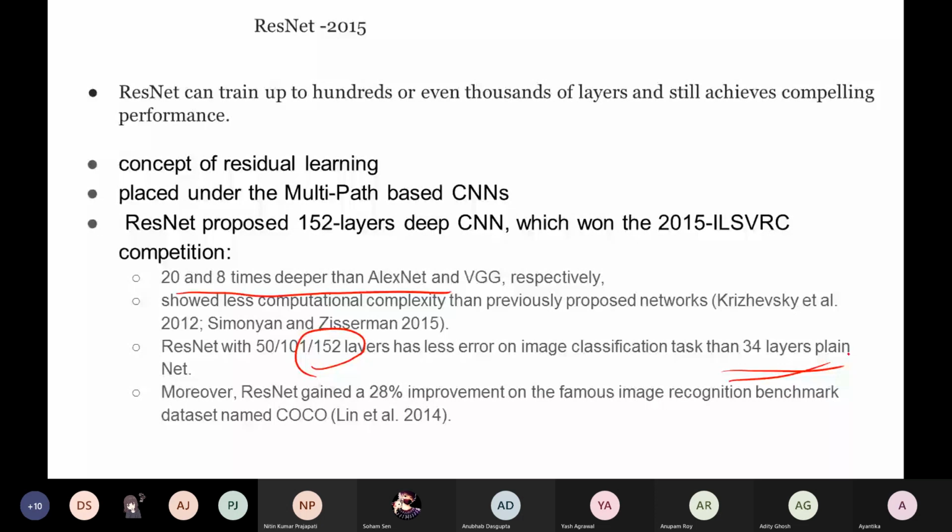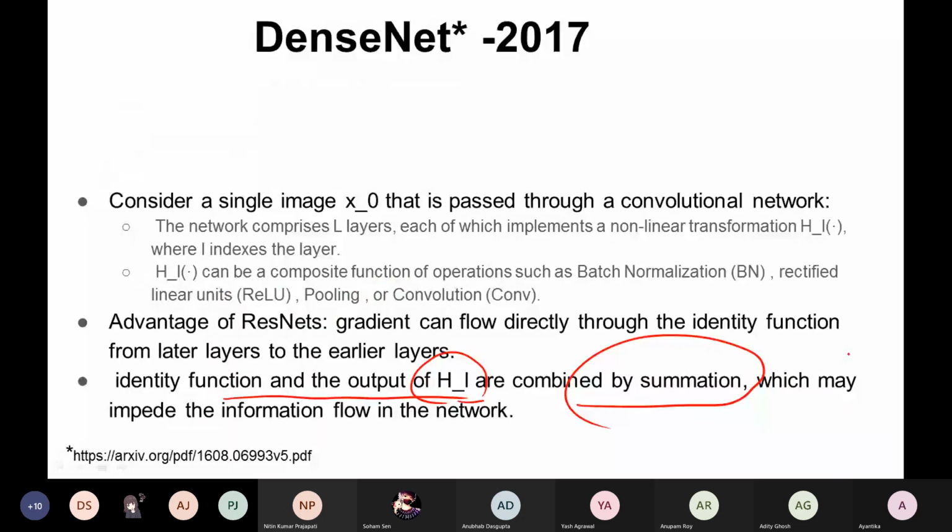So we can handle this huge number of layers, and the more we increase the layers, the more complex scenarios, complex images, and complex features we can classify with high accuracy. That is why we are so interested in increasing the number of layers. Here the number of layers is almost similar, but we are improving the information flow.